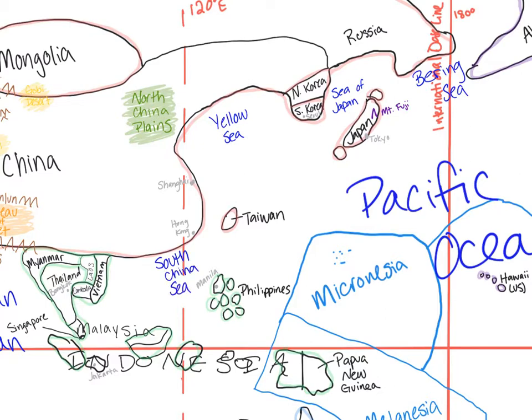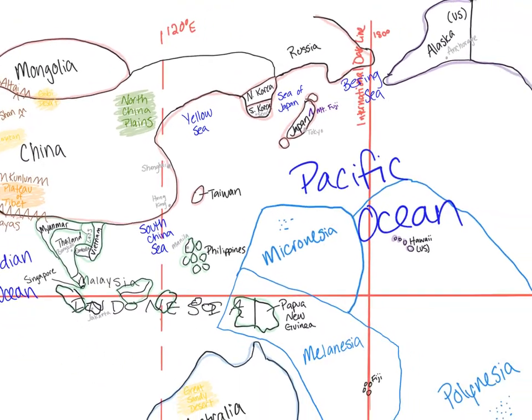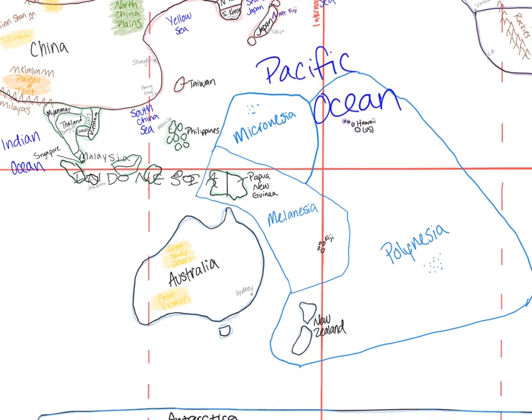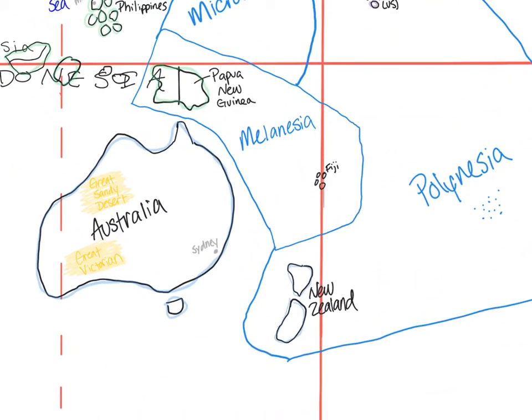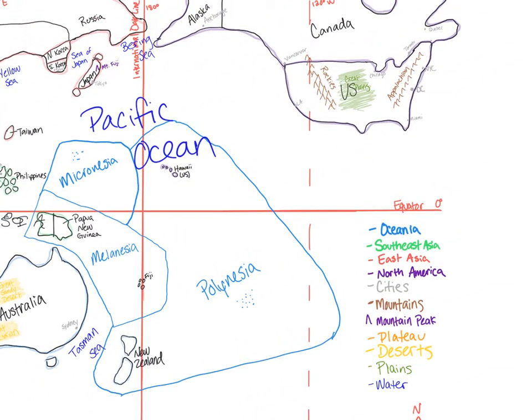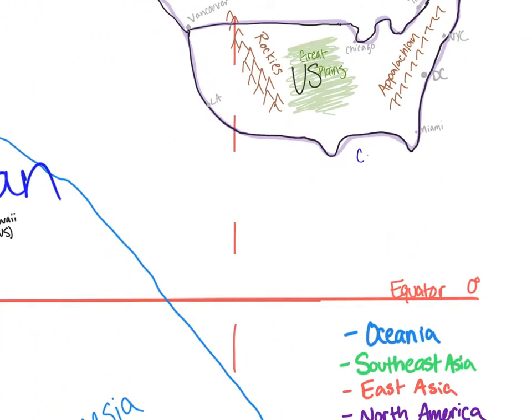South China Sea. We also have the Tasman Sea down here in between Australia and New Zealand. Tasman, T-A-S-M-A-N. Let's see, and then we'll do the Caribbean Sea over here by Texas. Okay.